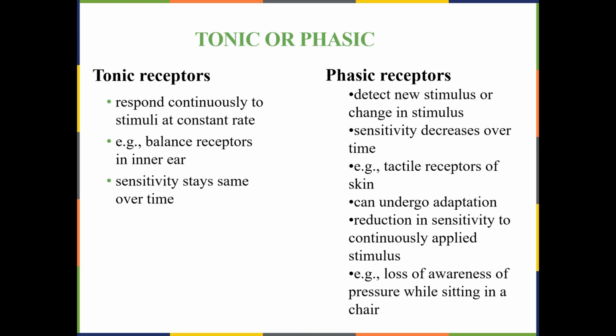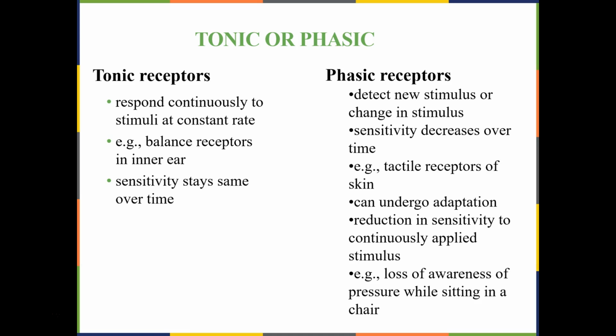So think about right now, if you are sitting, you probably stopped thinking about the pressure that was on your butt. But now that I've mentioned it, you're probably thinking, yeah, I do feel pressure on my butt. That's because your phasic receptors are working the way they're supposed to.